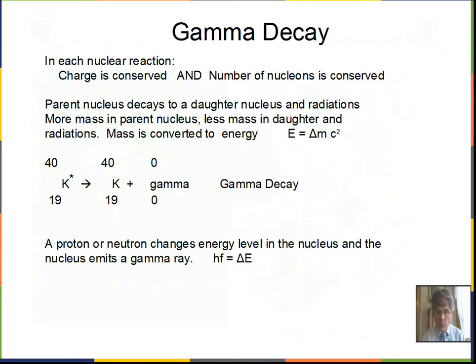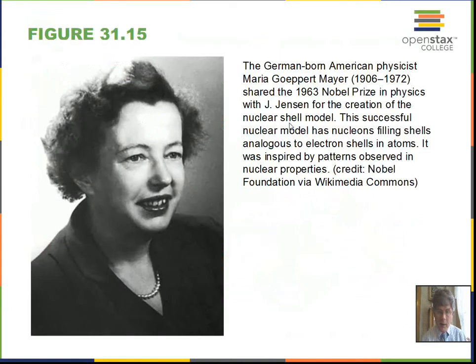And when the proton or neutron makes a transition, we get a much more powerful photon, more energetic light coming out of the nucleus. So gamma decay.